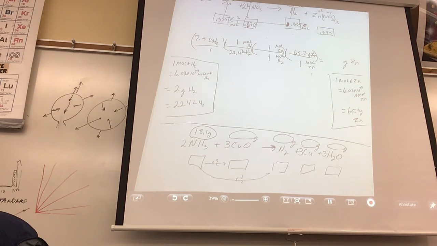Now we have all the molar masses. And now we're saying something. You know the brown is the divide by the molar masses. So you want to divide by 7.